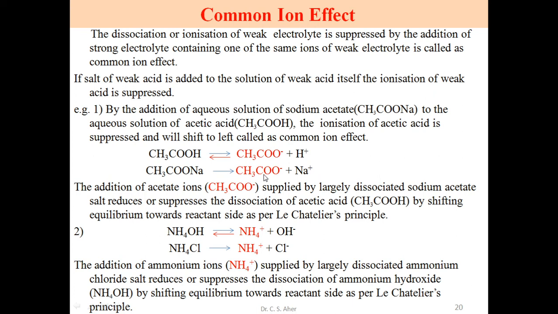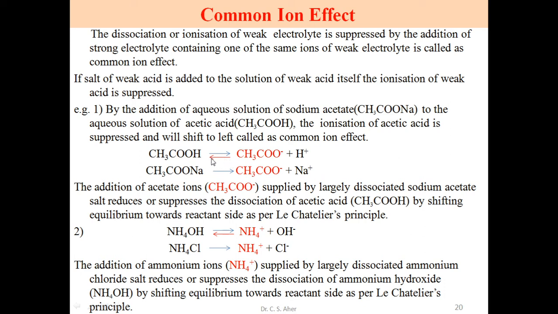This strong electrolyte completely provides the common ion, and the equilibrium shifts to the left direction, and the dissociation of acetic acid, that is the weak acid, is suppressed or decreased. That is the common ion effect. The addition of acetate ion supplied by the largely dissociated sodium acetate salt reduces or suppresses the dissociation of acetic acid, so the equilibrium shifts in this direction, and the ionization is decreased by shifting the equilibrium towards the reactant side.